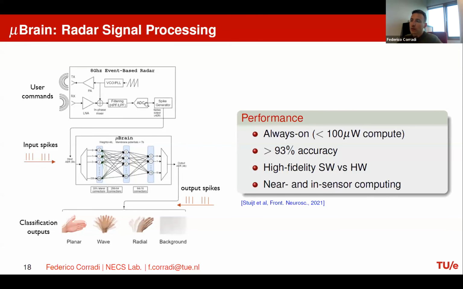We record the ADC of the radar, we generate spikes by doing this binary matrix pre-processing, and then we use them as input spikes to the microbrain processor. We train the microbrain offline, because there is very high fidelity. We download the weights, and then we can do this gesture recognition task quite accurately.